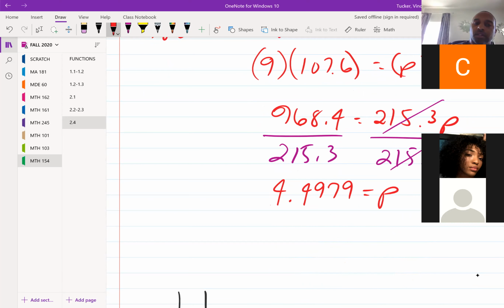All right. And they want us to round that to the nearest cent, I believe. Yep. So that would be 4.50.